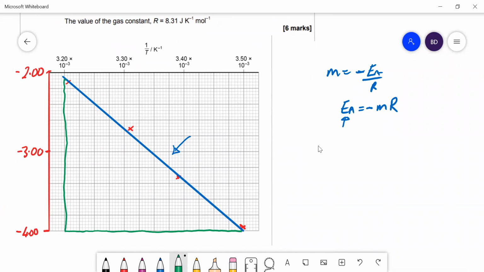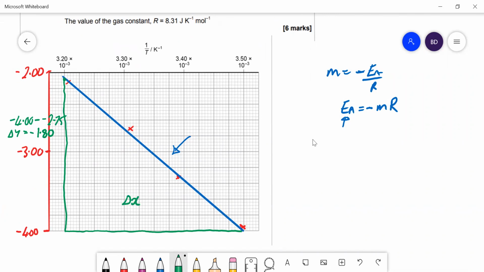Here we've got, it's going from -4 minus minus 2.75 about there, okay? Minus 2.75. So the change in the y-axis is equal to minus 1.80.